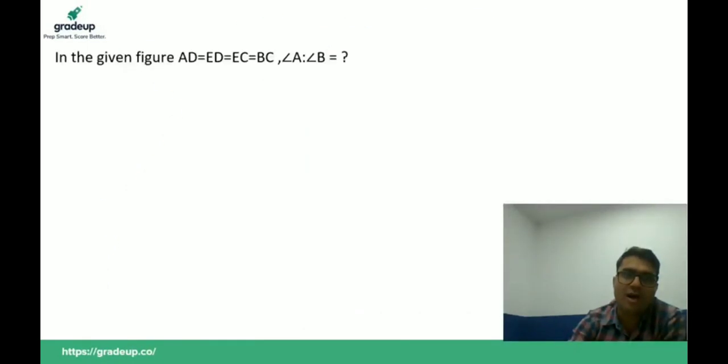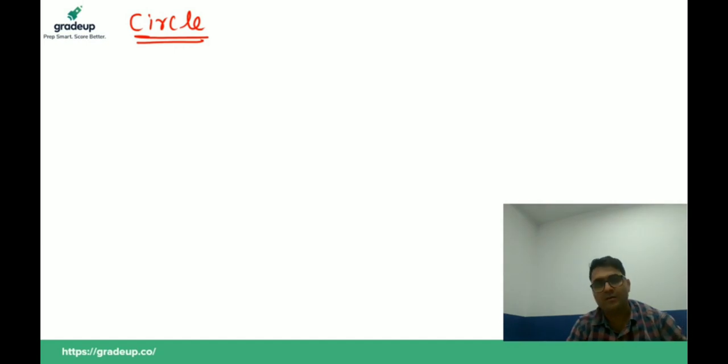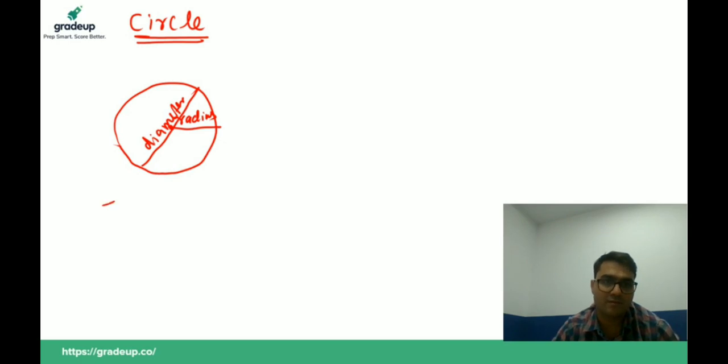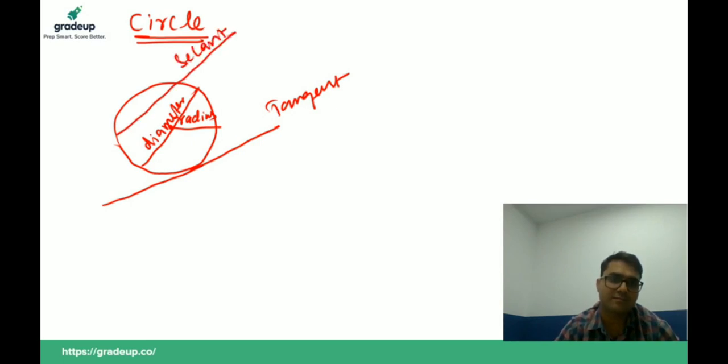Now I will tell you some properties of circles. Now listen carefully. If this is the circle, this is radius, this is diameter, this is tangent, this is secant, and this is chord.